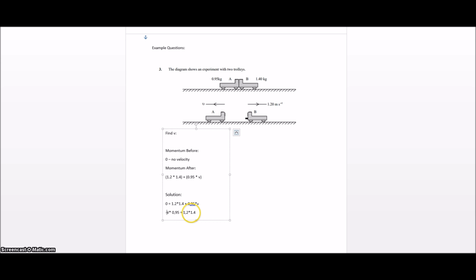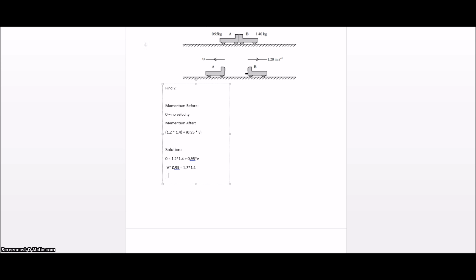However, this will be negative because we've just subtracted this onto the other side. And then we can say v equals, and if we divide through by negative 0.95, we get 1.2 times 1.4 over negative 0.95.